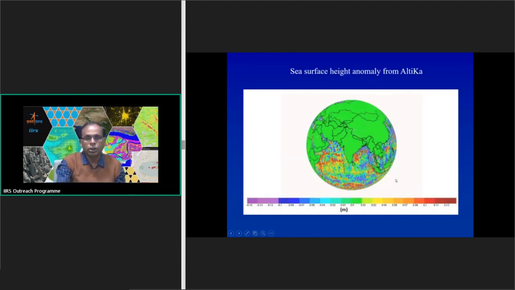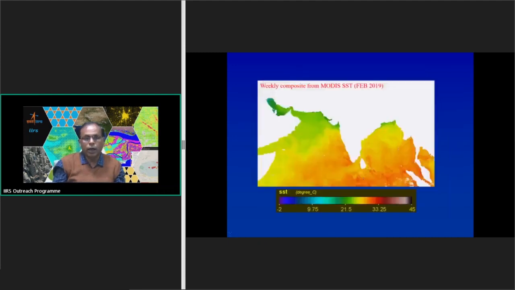This is the sea surface anomaly expressed in meters from AltiKa. And apart from that, the sea surface altimeter data along with SST and chlorophyll can also be used for finding potential fishing grounds, particularly for tuna fishing.